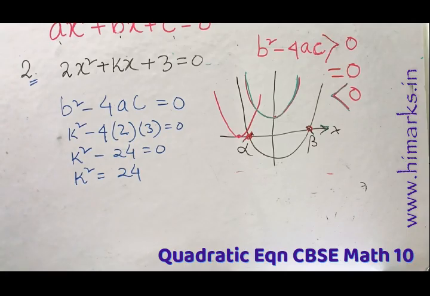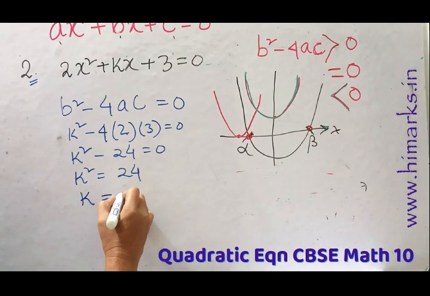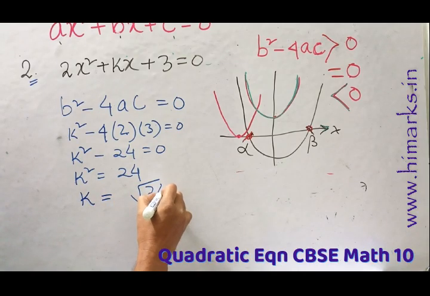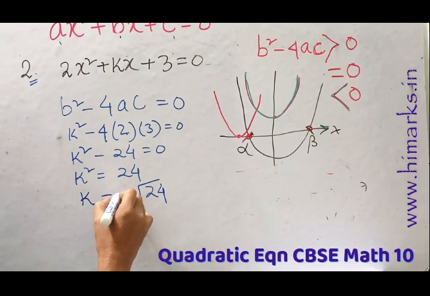Okay, so now k will be root over 24 and here it will be plus or minus.